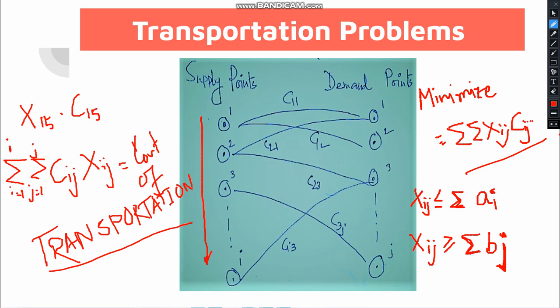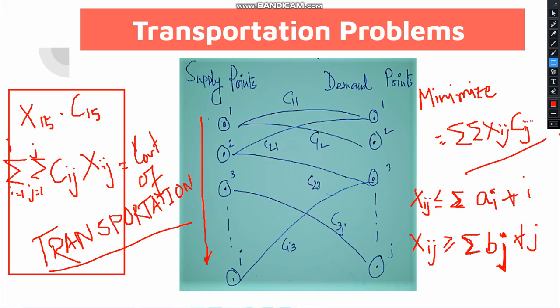So this is the basic formulation. This is for all i, this is for all j.